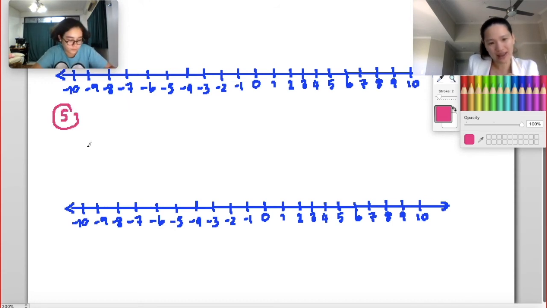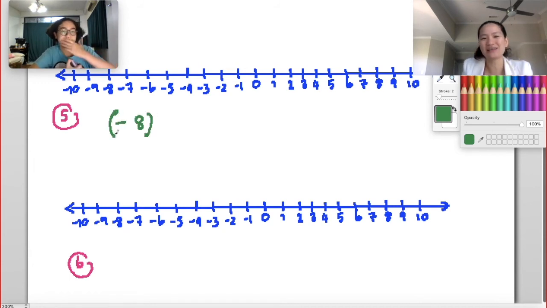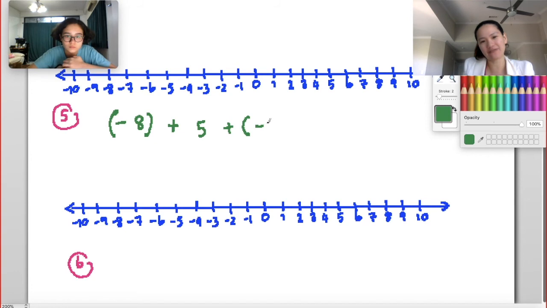And number 6, Layla, I want you to find... take a deep breath. Negative 8 plus 5 and then plus negative 2. How can we do it?